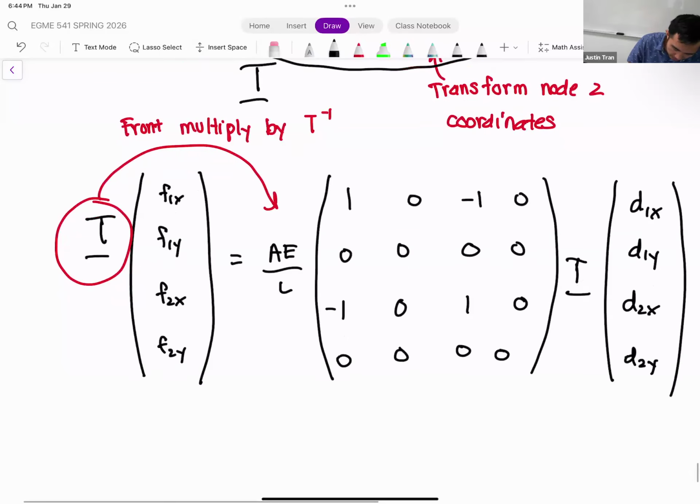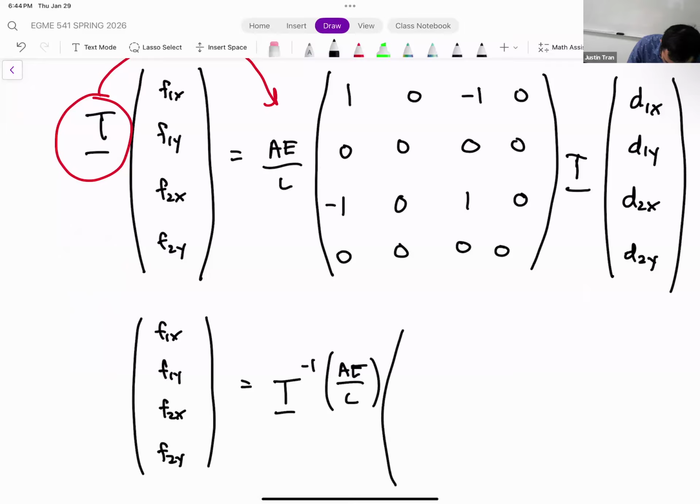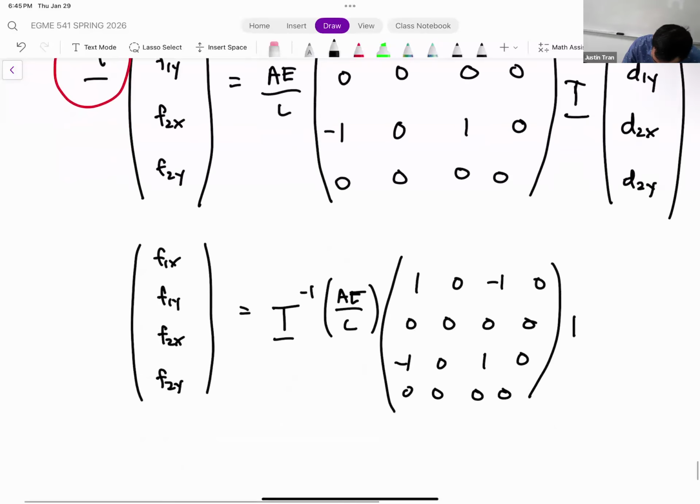In the end, what we get is F1x, F1y, F2x, F2y equal to big T inverse times AE over L times the matrix 1, 0, minus 1, 0, 0, 0, 0, 0, minus 1, 0, 1, 0, 0, 0, 0, 0, multiplied by big T, multiplied by D1x, D1y, D2x, D2y.